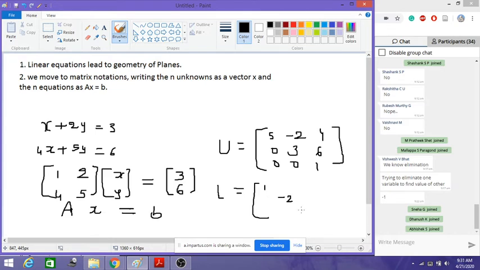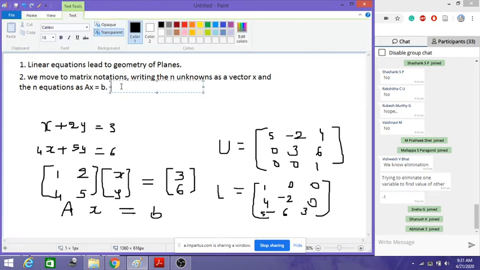So this might be minus 2 and 3, then here it is 4, and this is 5, and this might be 6, and these values are 0. This kind of matrix, we call the lower matrix, and we are going to factorize A in terms of the upper matrix and lower matrix.